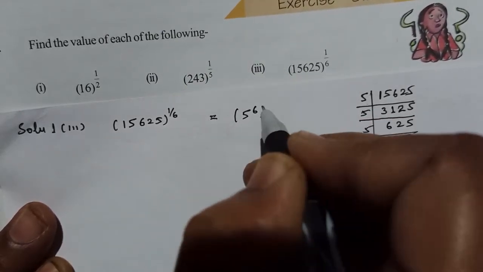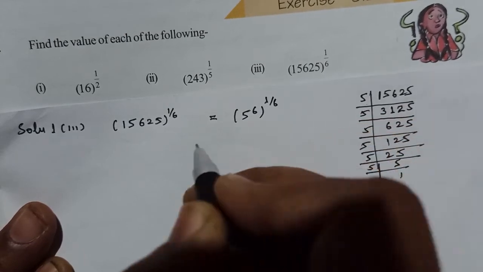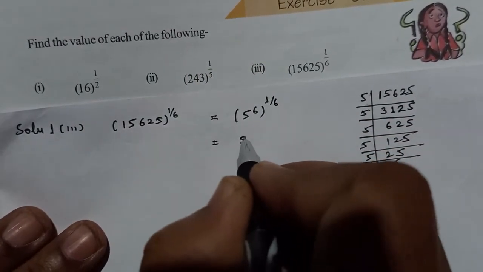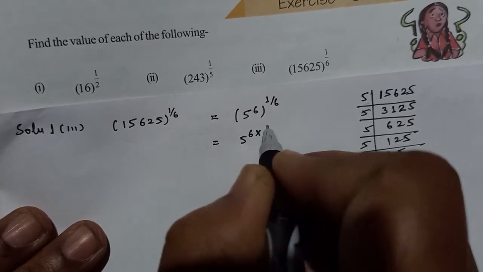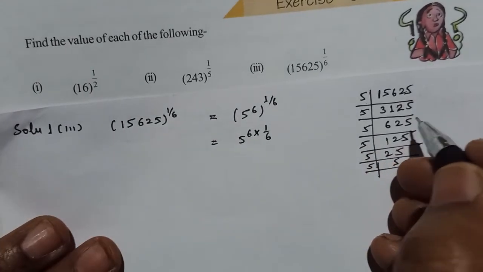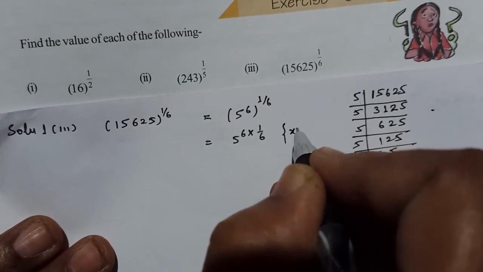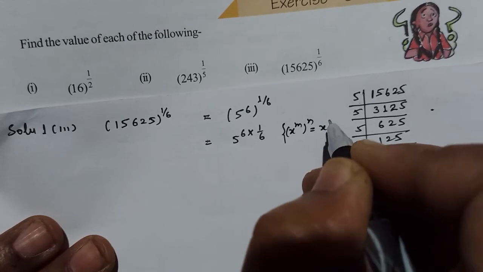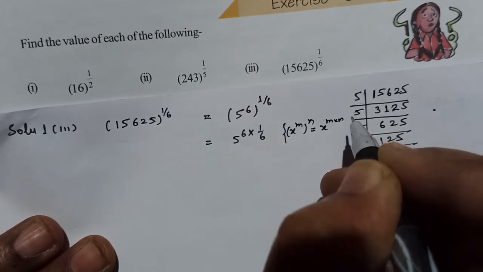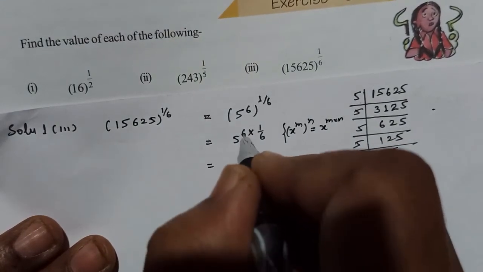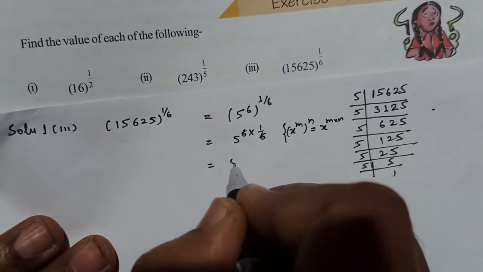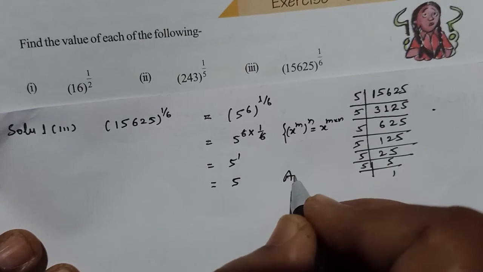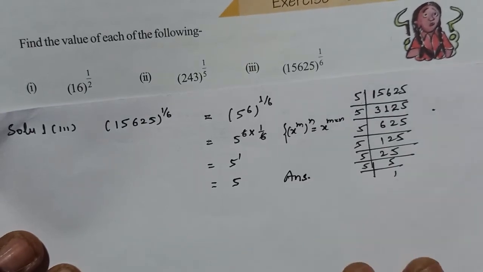So 5 to the power 6 whole to the power 1 upon 6. Power to the power, powers will be multiplied, using formula x to the power m whole to the power n is equal to x to the power m multiplied by n. 6 cancel, 5 power 1, 5. Answer.